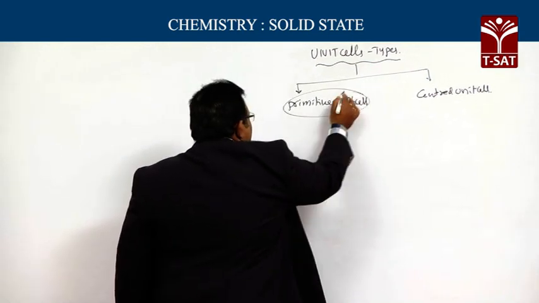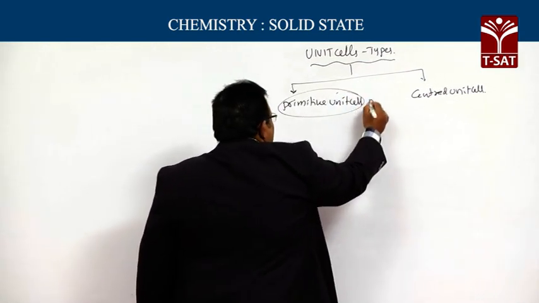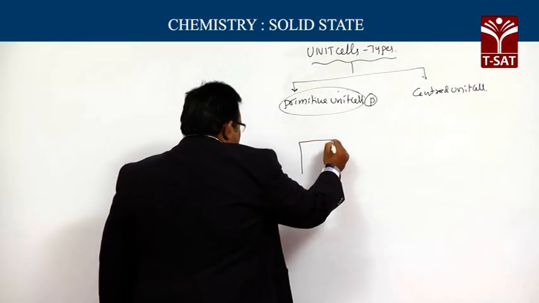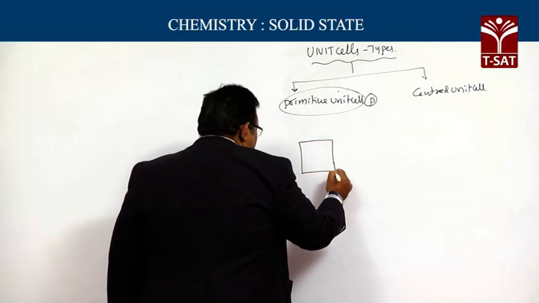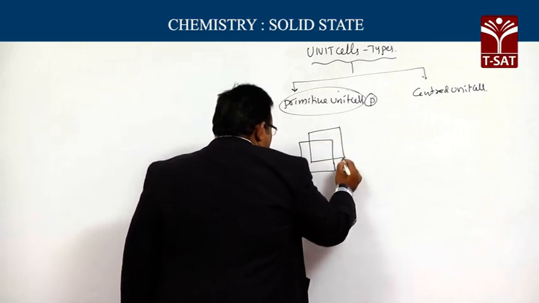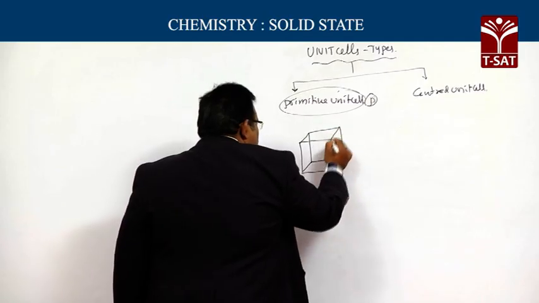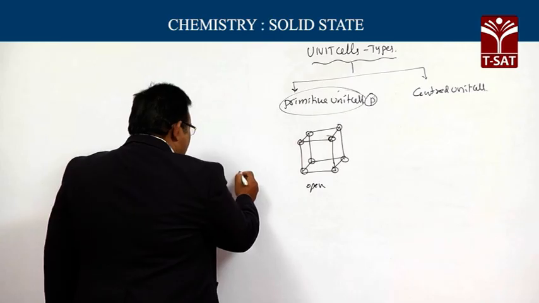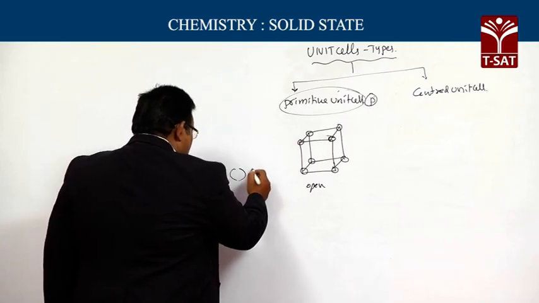In primitive unit cell, that is P, the lattice points are present at the corners only.